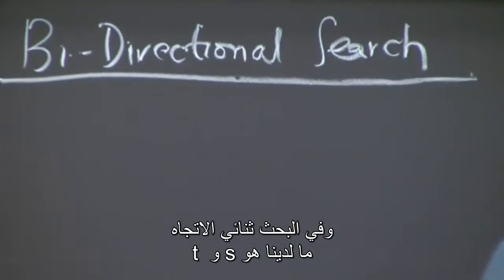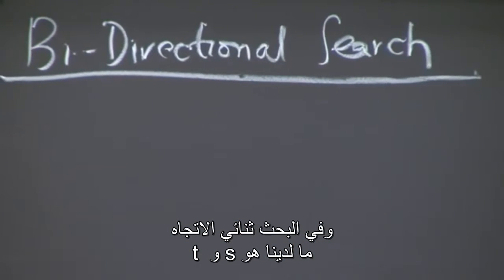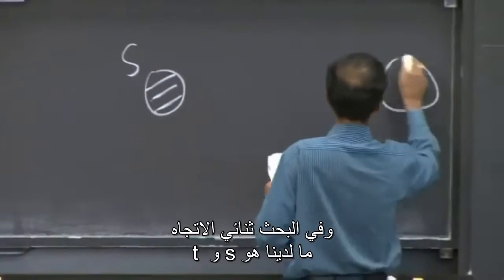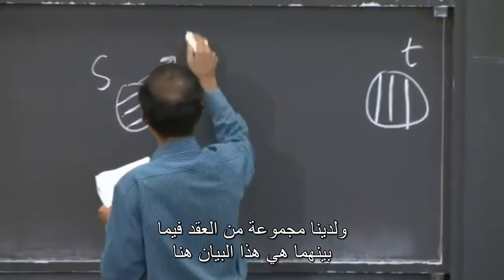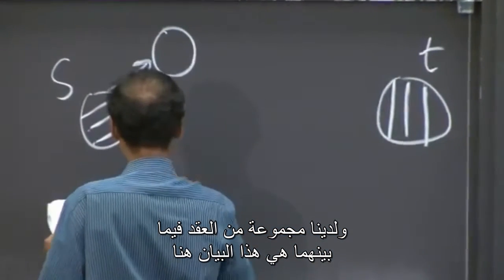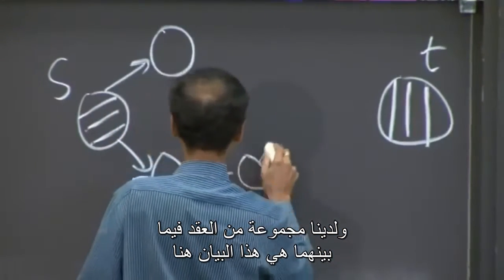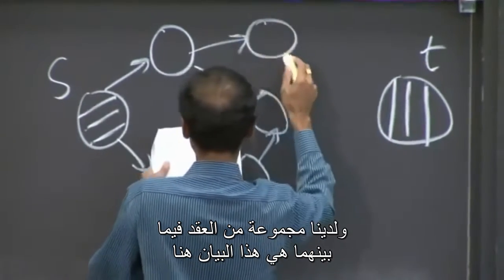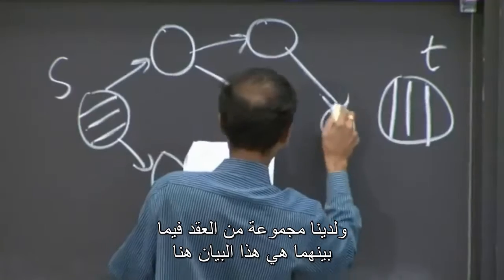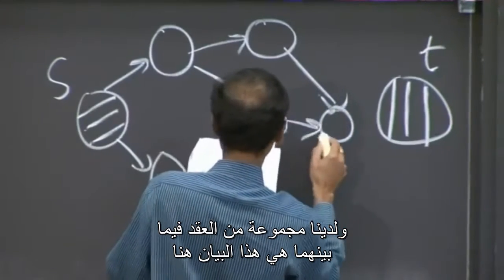In bidirectional search, what we have is S and T, and we have a bunch of nodes in between, corresponding to this graph here.